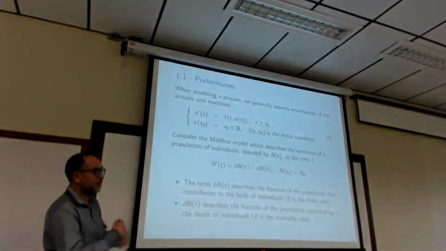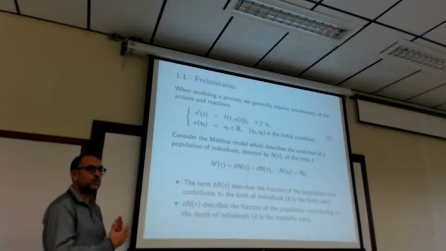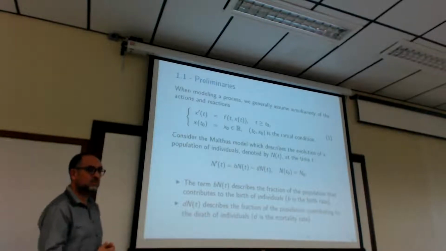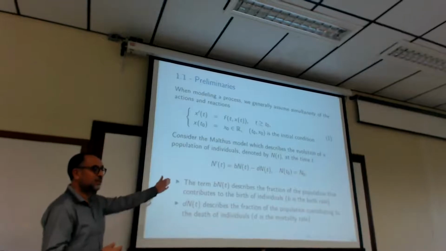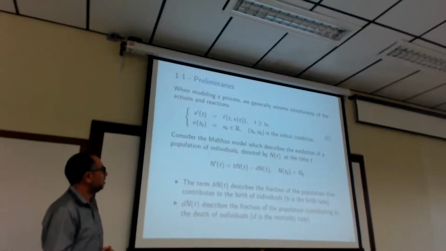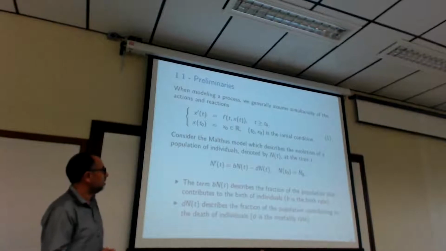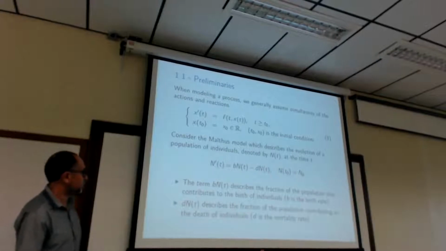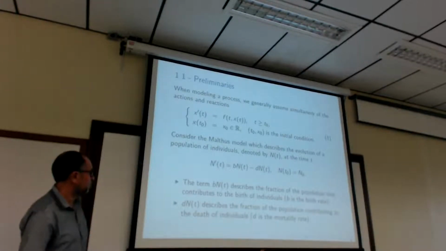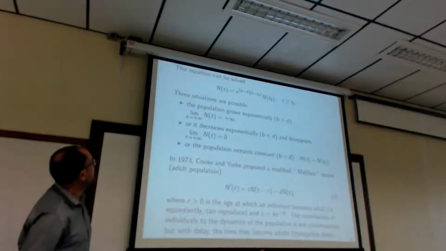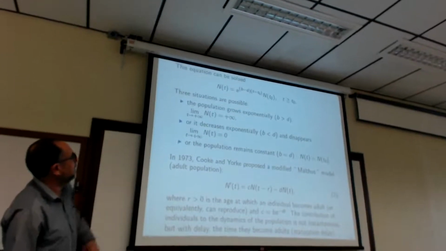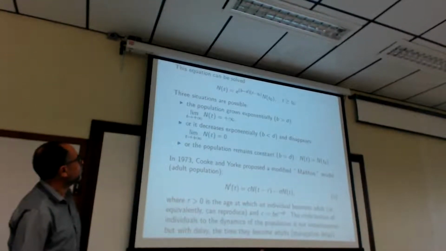If we take an initial condition N0, it is very easy to solve. I will start with this and introduce a delay to show you that the behavior of the solution will change a lot. There is a big change if we take this simple ordinary differential equation, or if we add a delay. This Malthus equation can be solved easily. We obtain an exponential solution, and we have three situations.